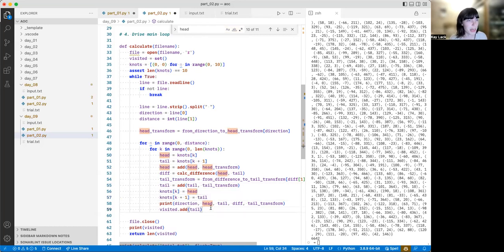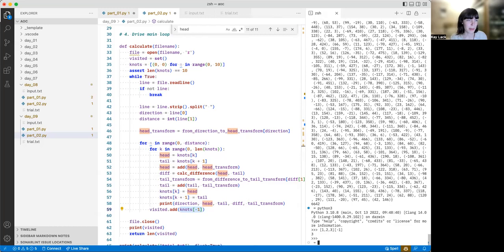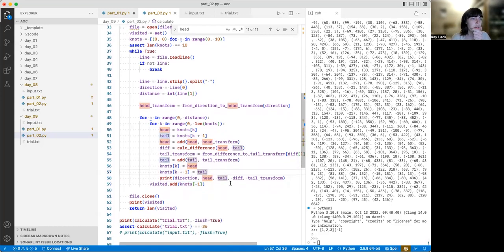Head and tail have both changed. We want to add the last one after all of this. Yeah, great. I want to add the last one. And that should be it.